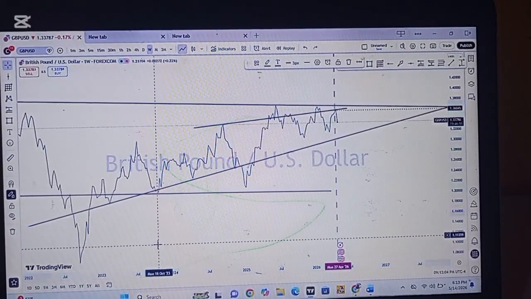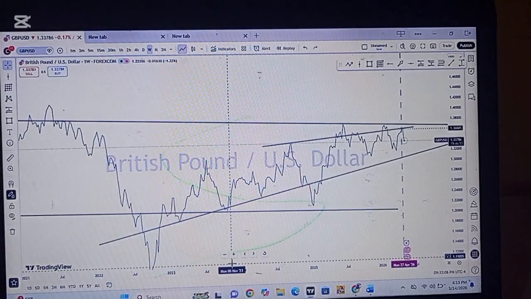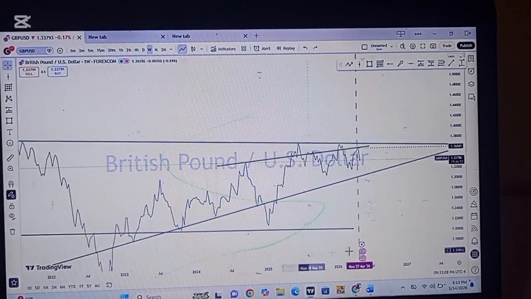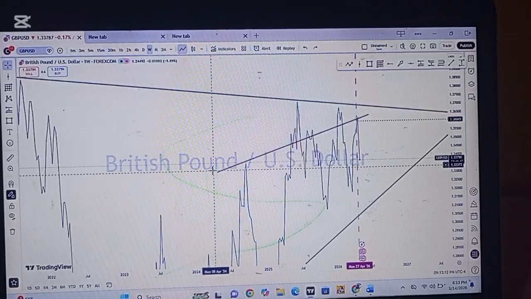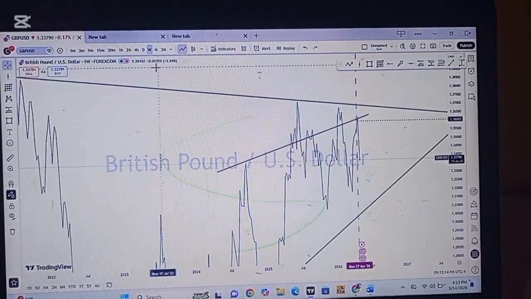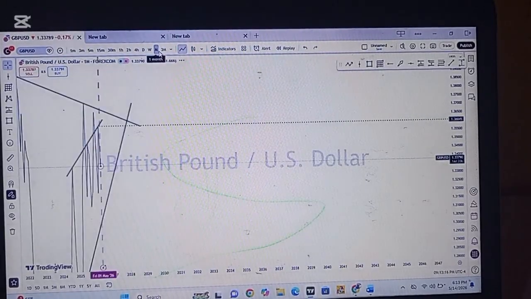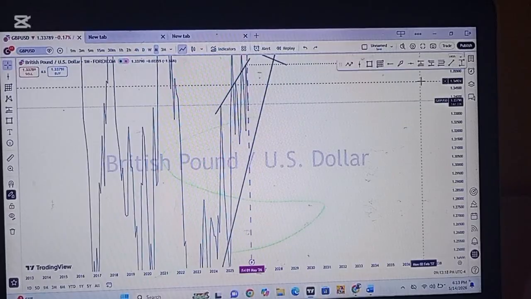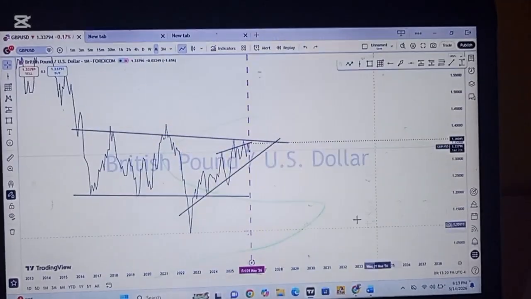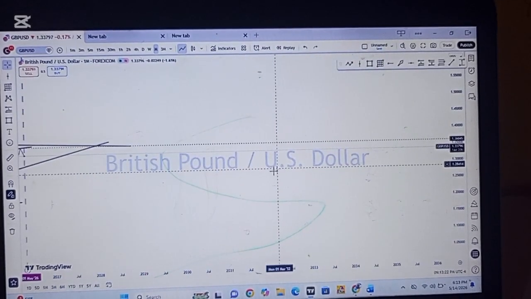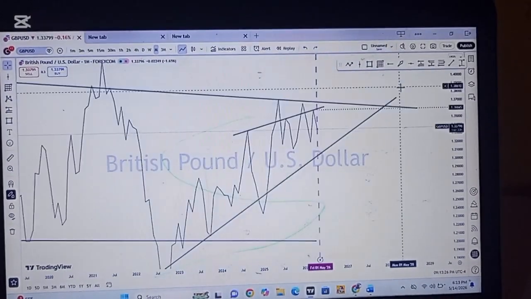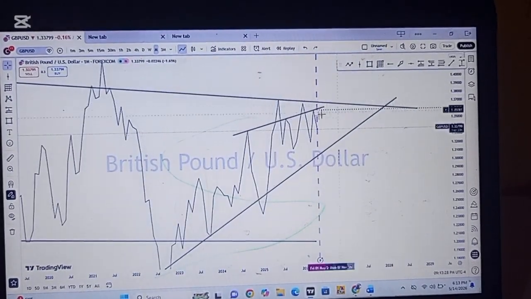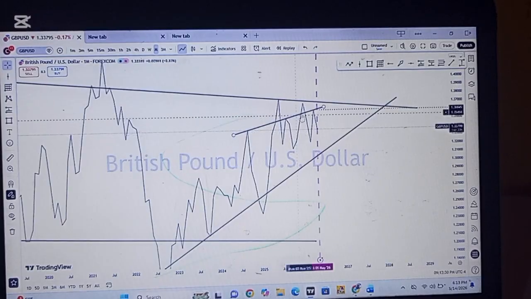This is on the weekly time frame, and this one was from the monthly. Now this one is from the monthly. Touch 1, touch 2, touch 3.